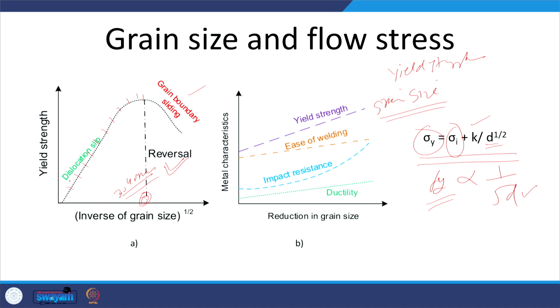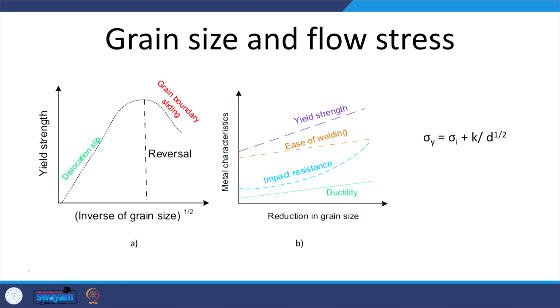In that case it will cause an increase in yield strength, because when the grain size is relatively large, the deformation occurs by dislocation slip. When the grain size becomes extremely fine, then the deformation occurs through grain boundary sliding. There is another diagram that shows the relationship between the grain size and various metal characteristics.